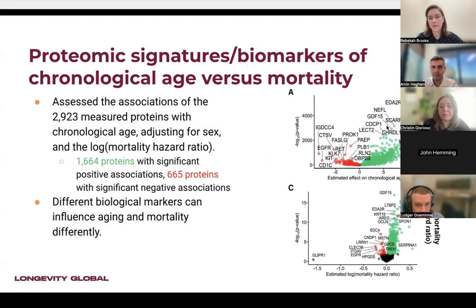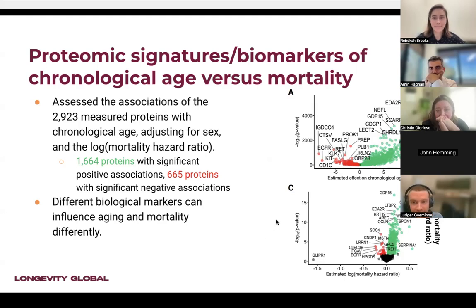It was interesting that a very different set of proteins influenced the first generation chronological model compared to the mortality-based model. So you would have different biological markers influencing aging versus mortality.